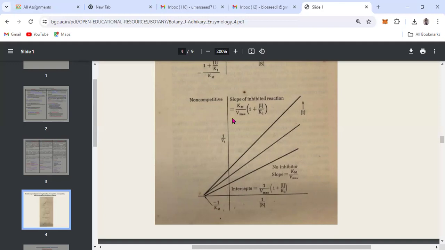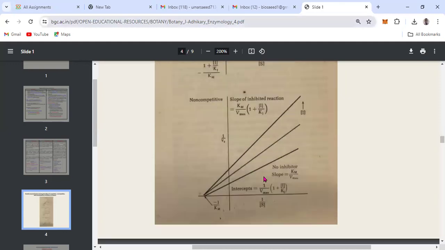But if there is an inhibitor, the slope becomes Km over Vmax, open bracket, 1 plus inhibitor concentration over Ki, and the intercept becomes 1 over Vmax, open bracket, 1 plus inhibitor concentration over Ki. So you should please take notes of the various differences.